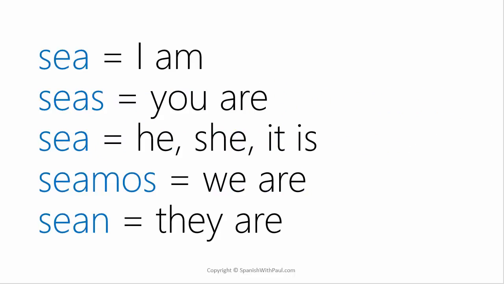Now, I don't want you to worry too much about this because we're going to do a dedicated lesson on using ser in the subjunctive. So I certainly don't expect that you will learn this right here and now, just in this one instance. We're going to be coming back to it.